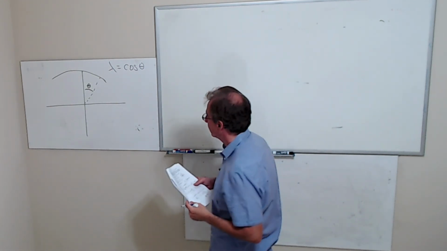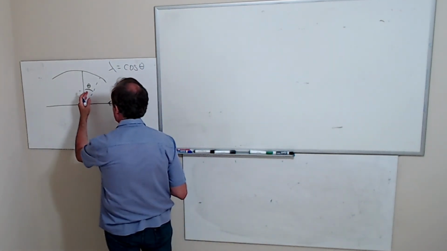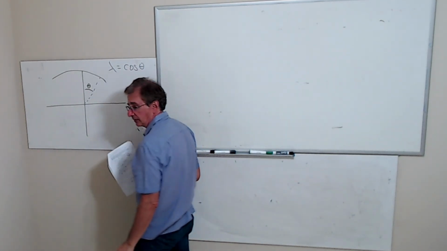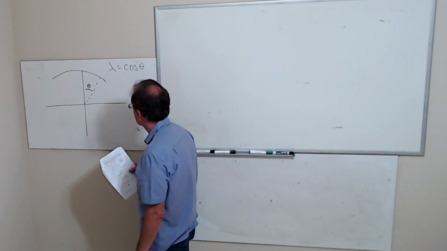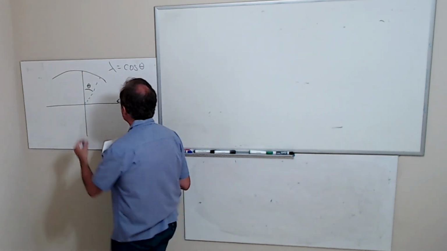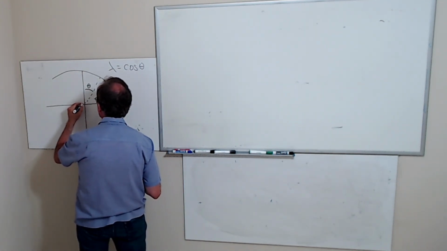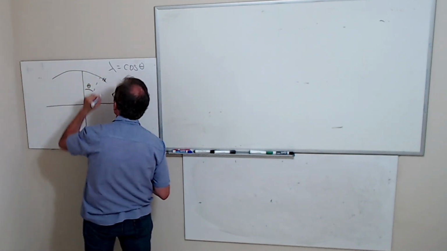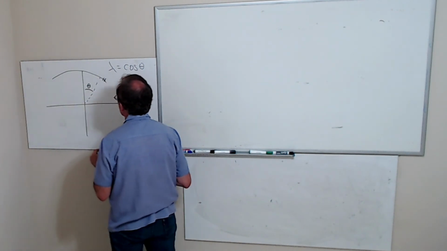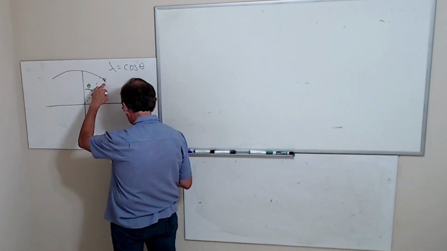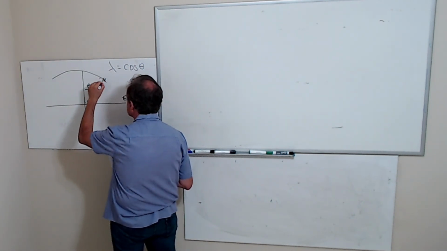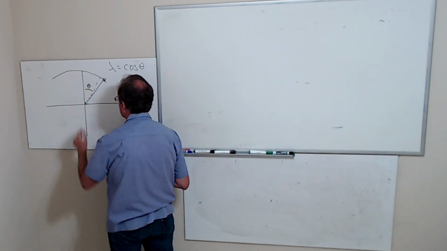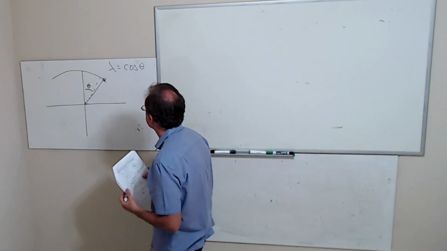So I measure the angle with respect to the vertical in this case. A lot of people didn't pay attention to that. So if you draw the electric field vector due to a small dq here, this charge is positive. So the electric field's got to point this way.